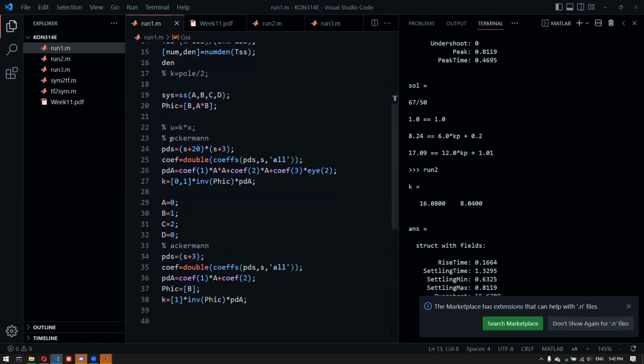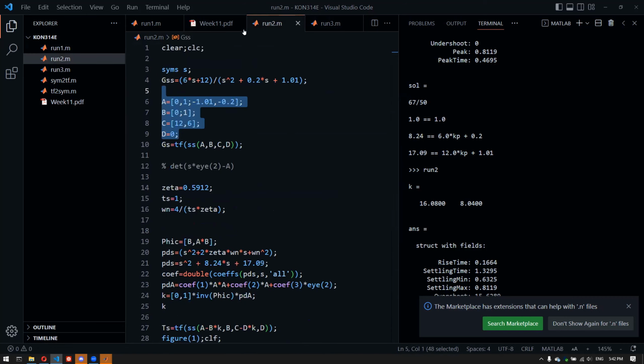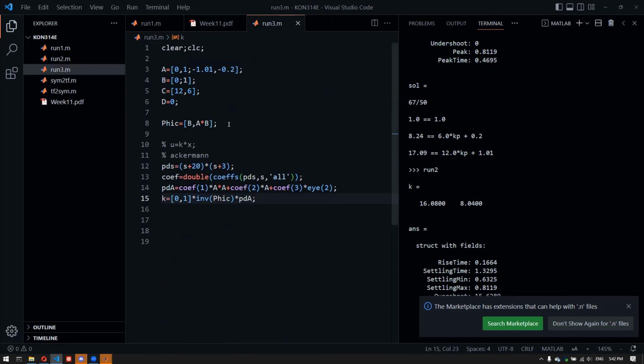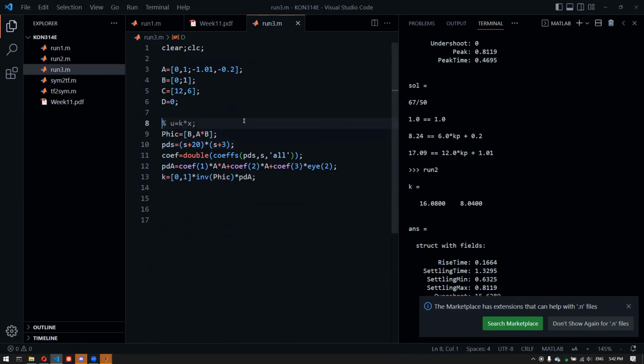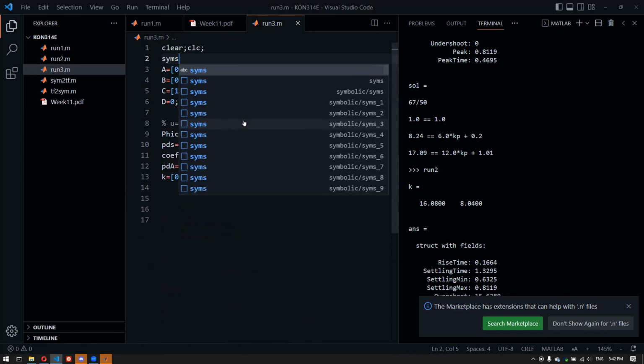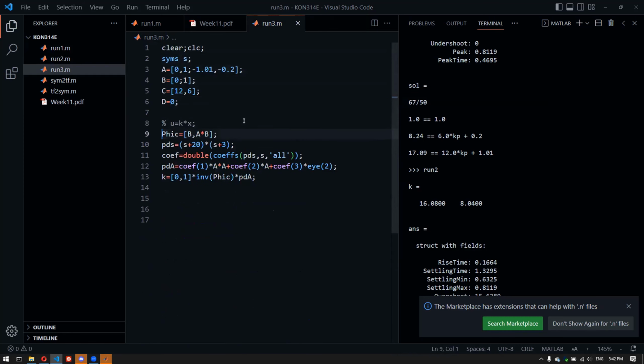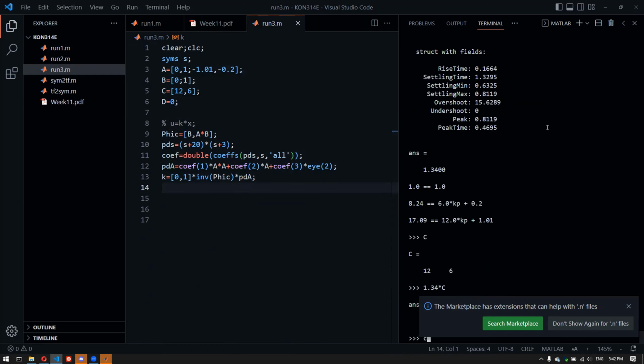All that we need is a desired polynomial, we need phi c. This is basically the controller. We use Ackermann. We need sI minus A here, and a certain PDS, coefficients, and it's designed.